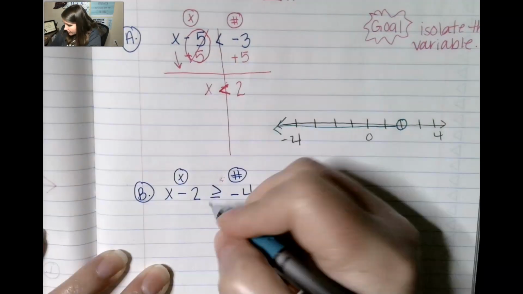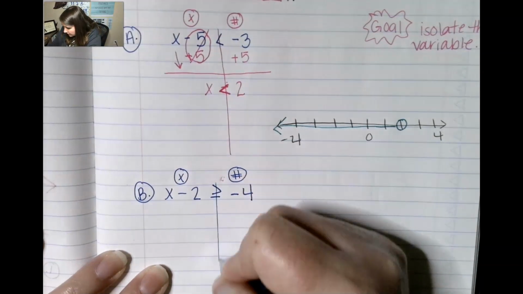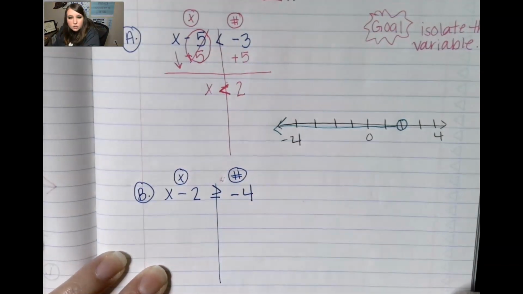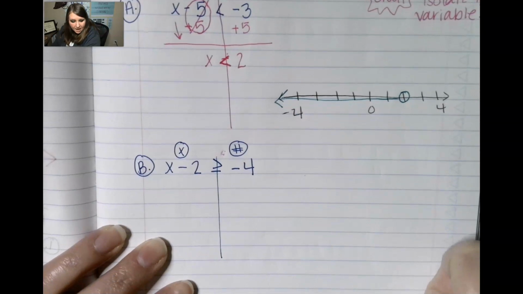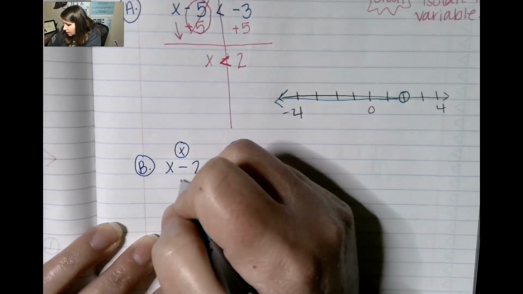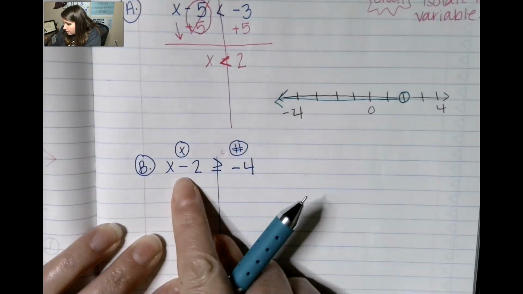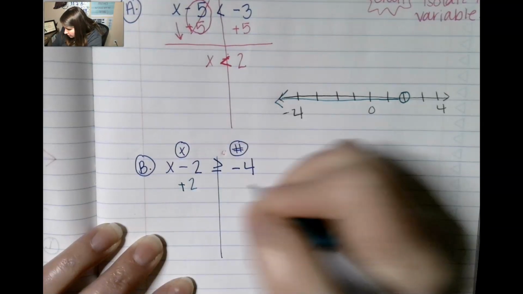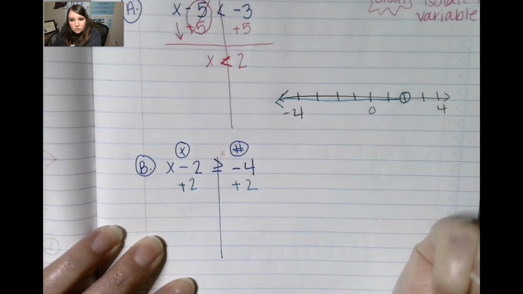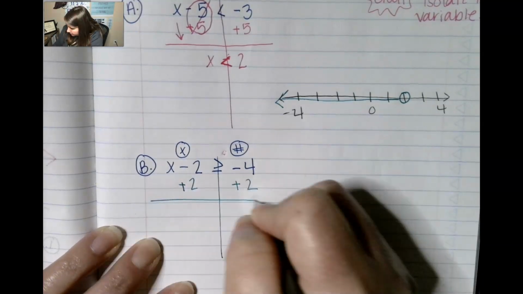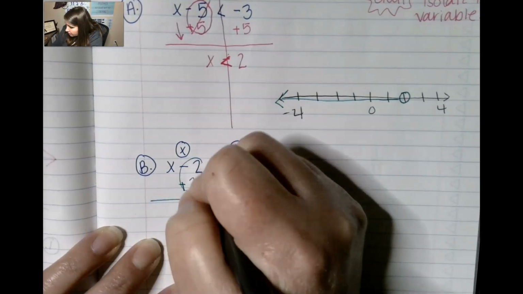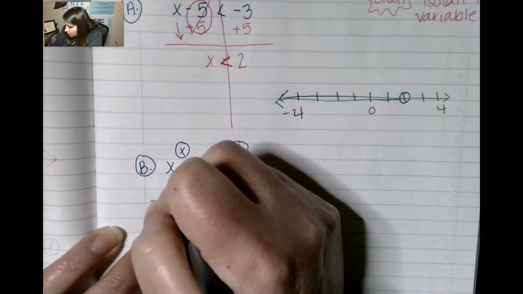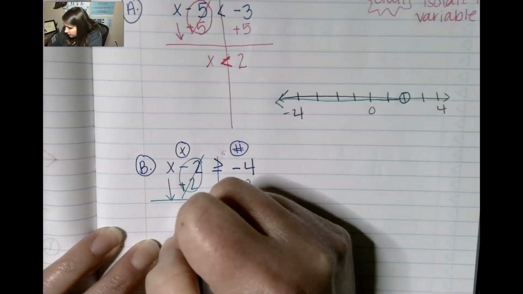So let's go ahead and start by drawing our balance line. What we do to one side, we then have to do to the other. So opposite of subtract 2, we're going to add 2 and add 2. This is going to go away. It zeroes out. My x can now drop down.